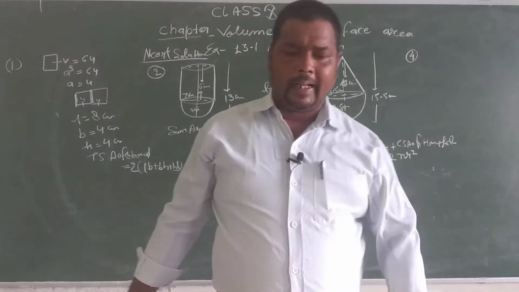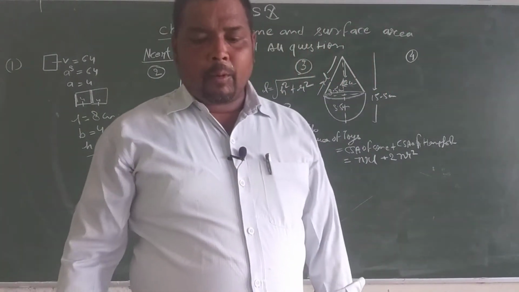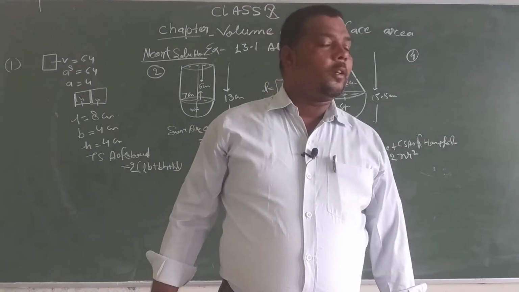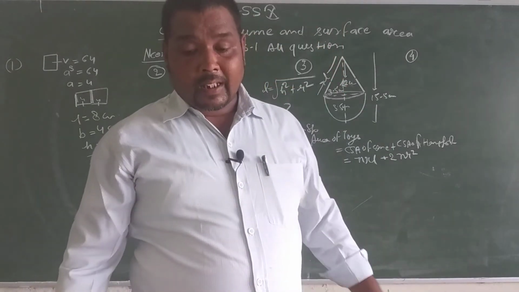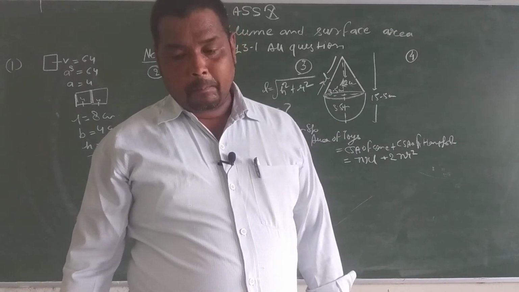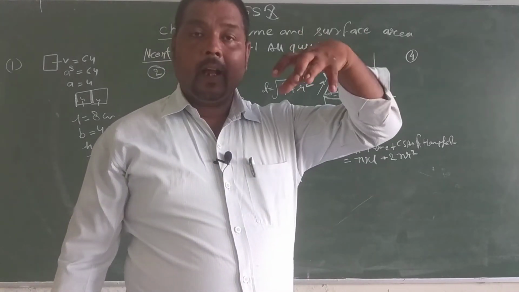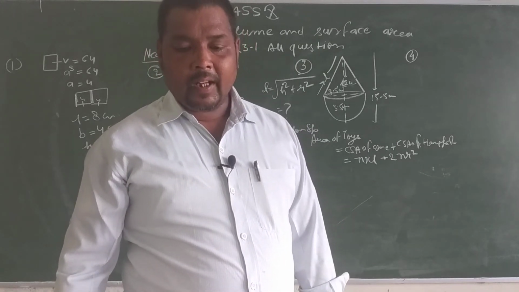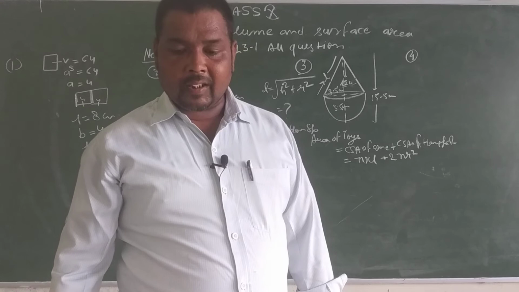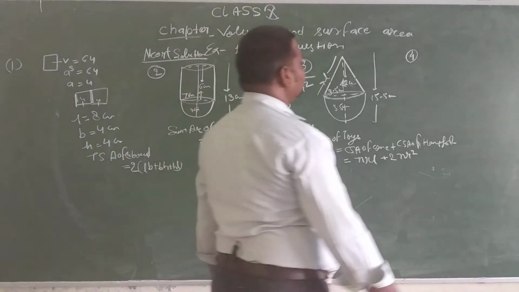Question number 4th is that a cubical block of side 7 centimeter surmounted by a hemisphere. What is the greatest diameter of the hemisphere can have, and find the surface area of the solid.